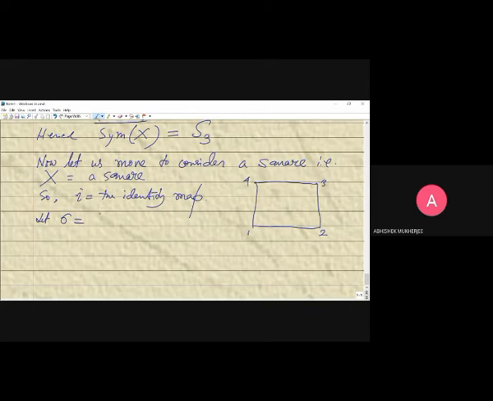So take the cycle 1, 2, 3, 4. 1 goes to 2, 2 goes to 3, 3 goes to 4, and 4 goes to 1. Then it will be again a symmetry.